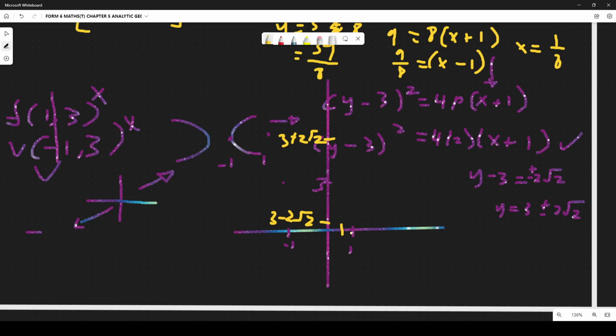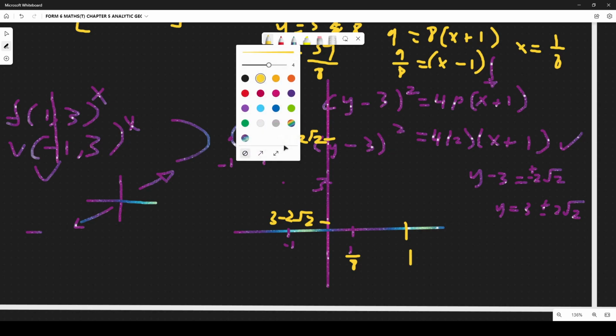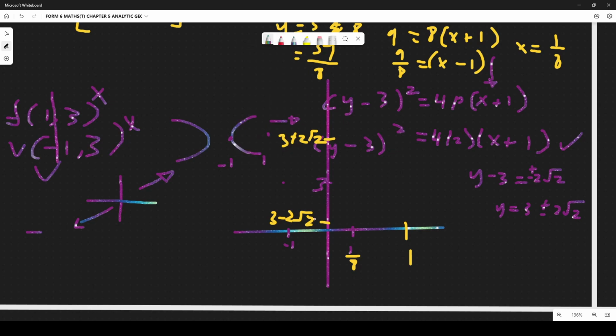For the sake of being chunky, I'll make this 1 over 8 into 1. Sketching, it doesn't matter. I'll use the rainbow for this. Something like this. Make sure you pass this spot and this spot.